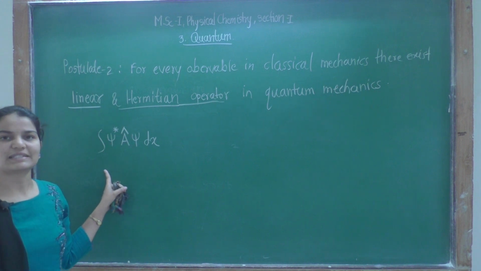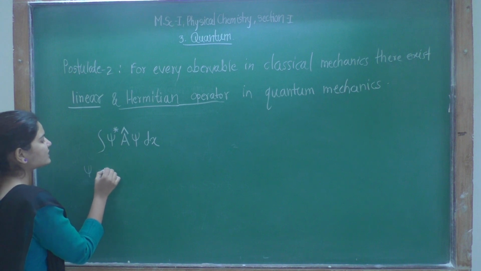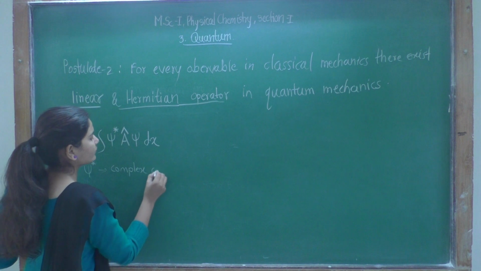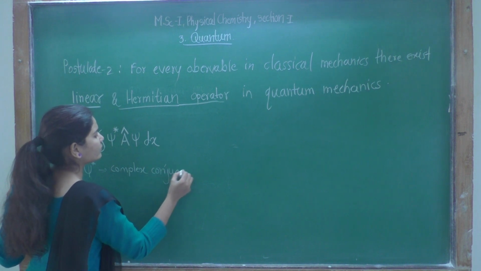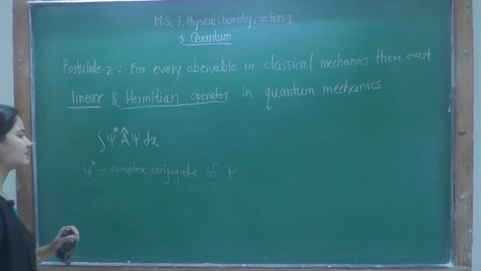What is this star? Star is called the complex conjugate. Psi star is equal to the complex conjugate of psi. Okay, this is psi star.